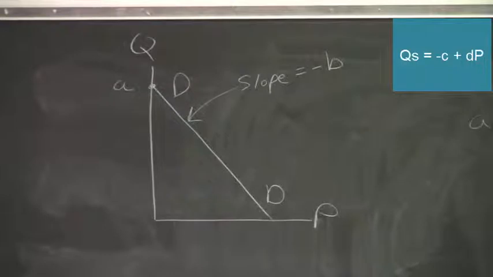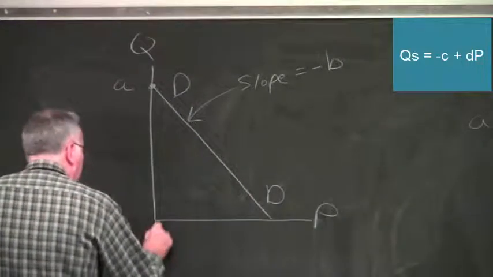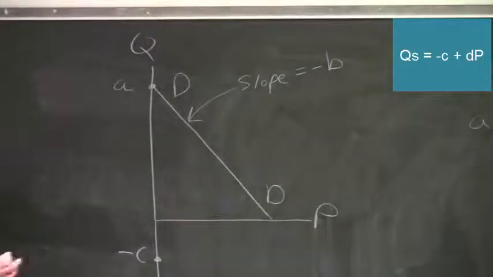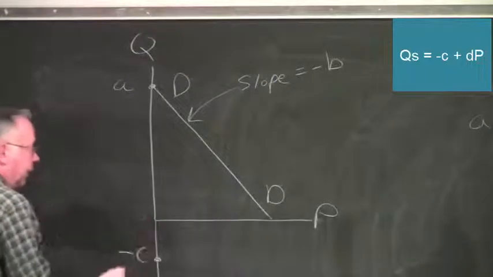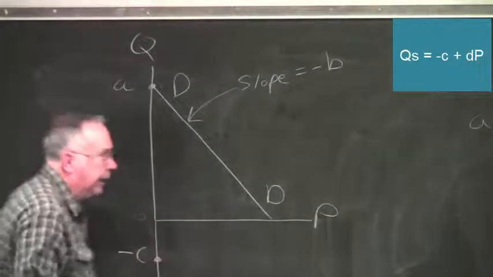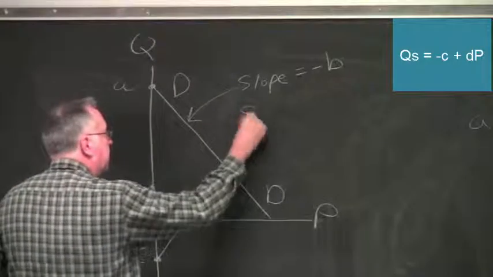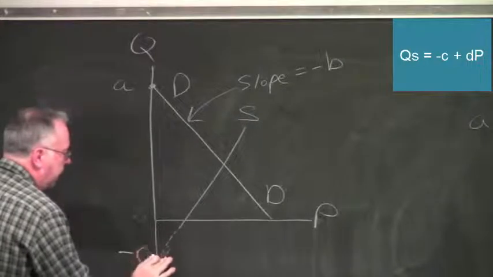So if we were graphing the supply curve, it would look like this. The intercept would be minus C. Notice C is assumed to be positive. So this intercept is going to be minus C, which is negative, which is below the origin here. And that's where the supply curve starts.